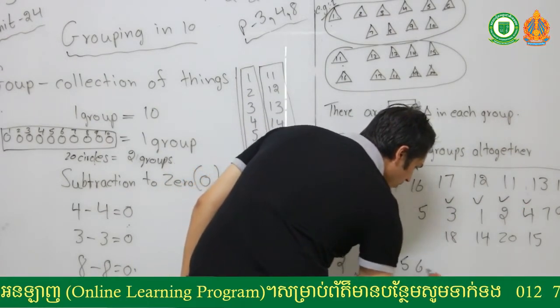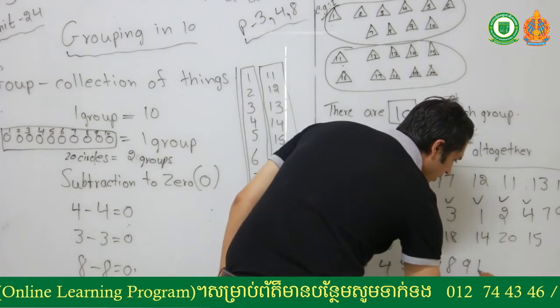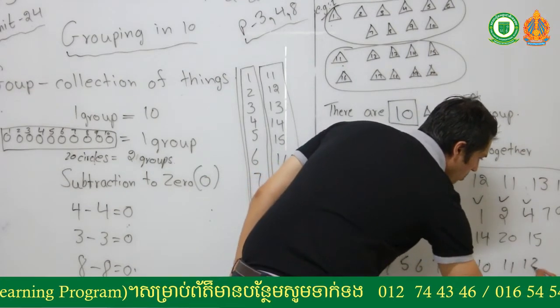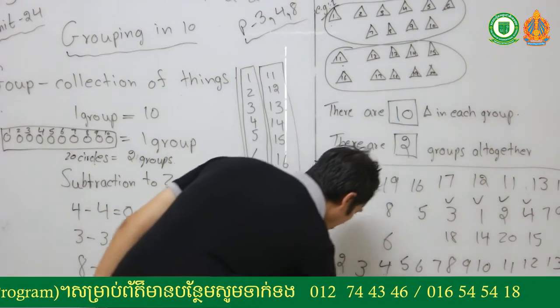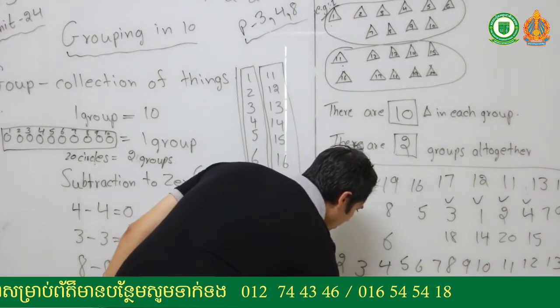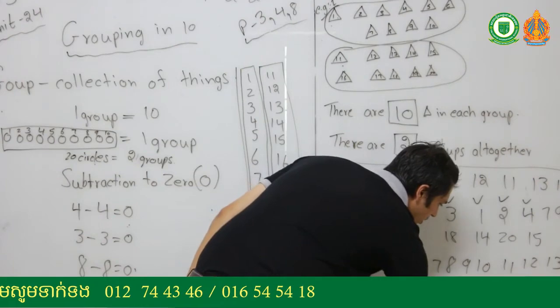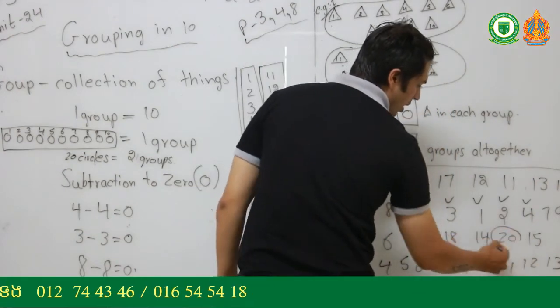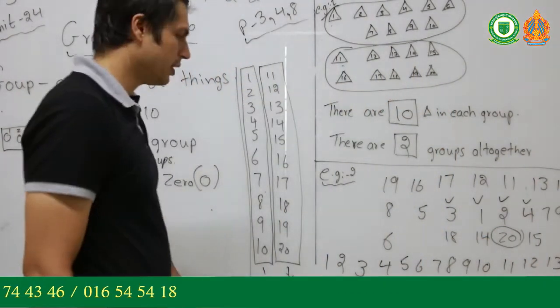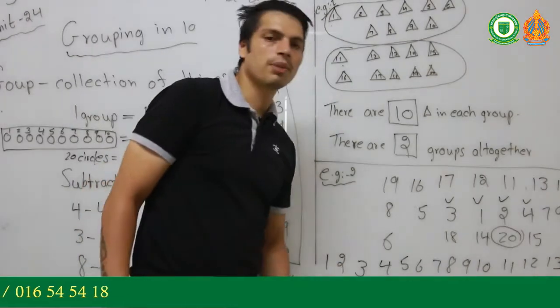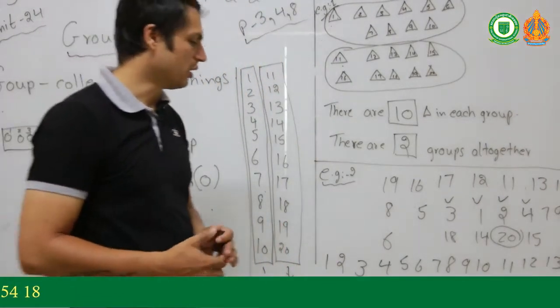So we write down 5, 6, 7, 8, 9, 10, 11, 12, 13, 14, 15, 16, 17, 18, 19, 20. Because we have the last number here, 20. So that's how we write down numbers in correct order.